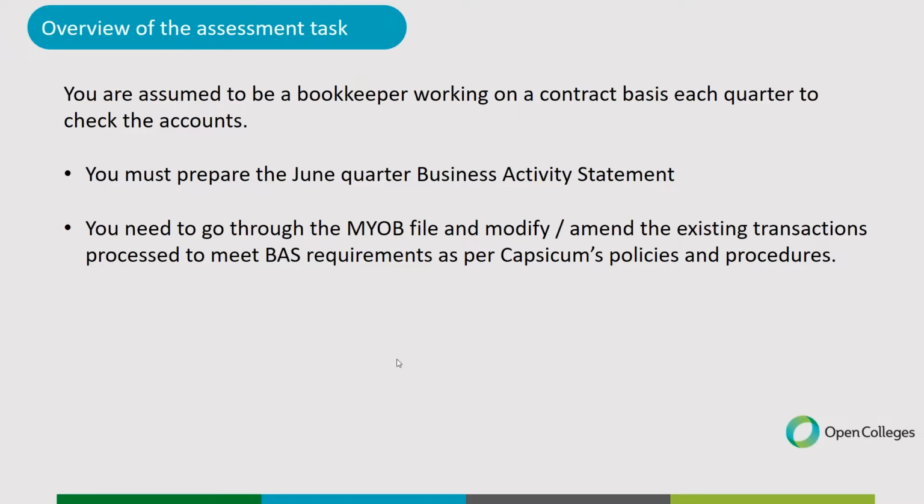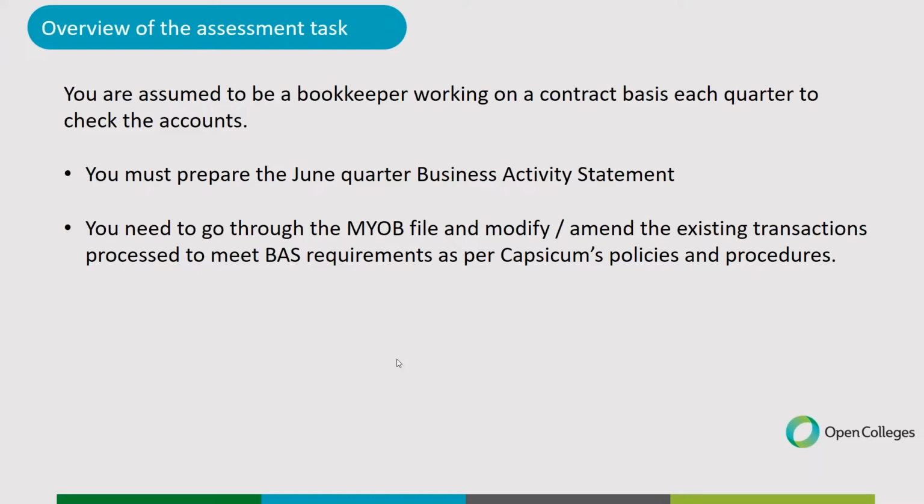You are assumed to be a bookkeeper for Exact Bookkeeping, and you are working on a contract basis each quarter to help Capsicum lodge the business activity statement. So you will have to prepare the June quarter 2017 business activity statement.